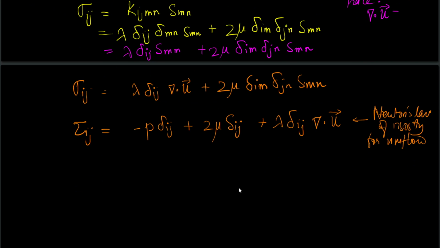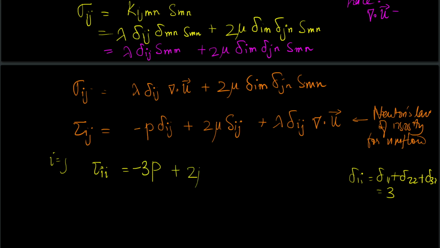Now, when we set i equal to j in this expression, this becomes tau ii is equal to minus p delta ii. Now, delta ii is equal to delta 11 plus delta 22 plus delta 33. It is equal to 3. So this becomes minus thrice the pressure.